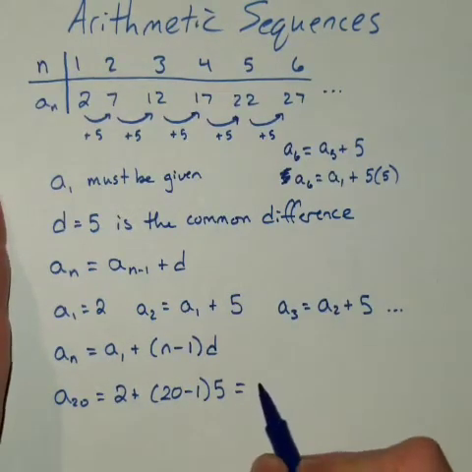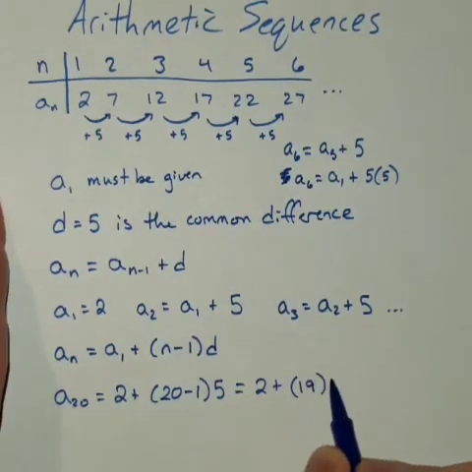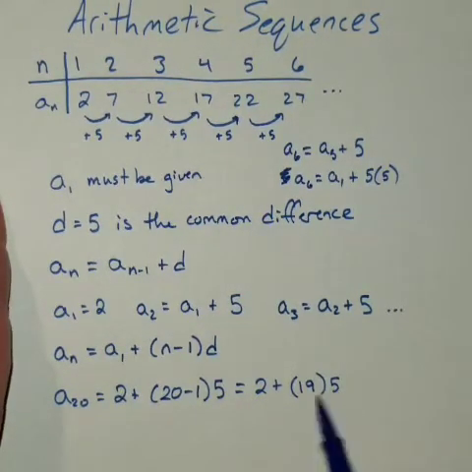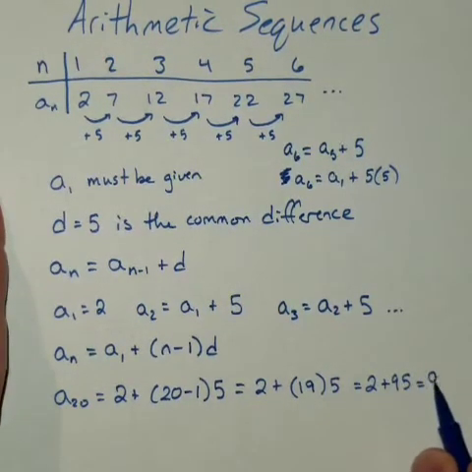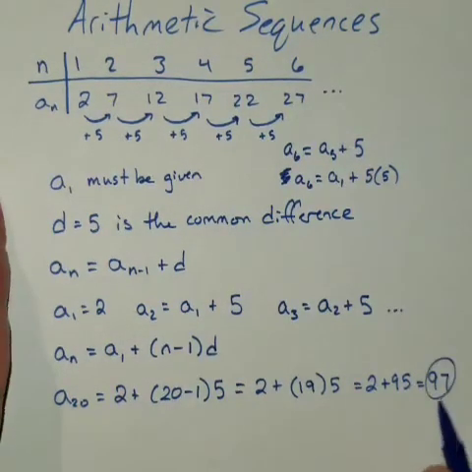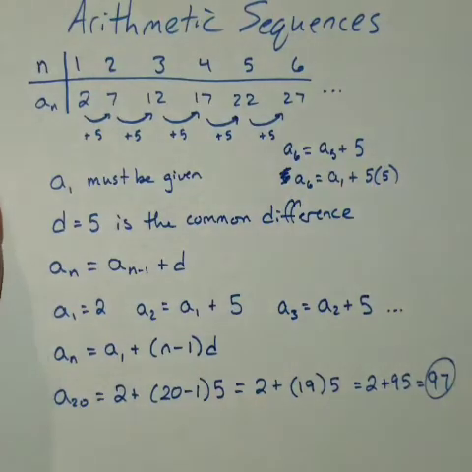And so when I simplify this, it's 2 plus, what's that, 19 times 5. Well, 19 times 5 is 95. 2 plus 95 does give us 97. So the 20th term, if I were to write all these out, would end up being the number 97.